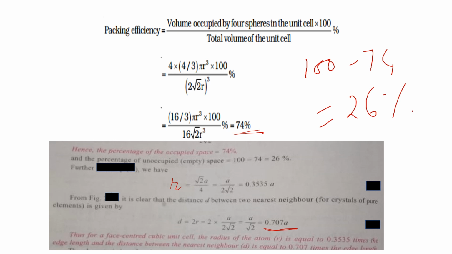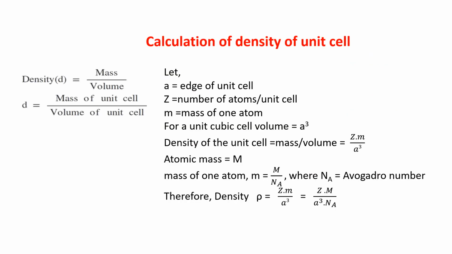Please do the calculation once again on your own. Then, calculation of density of unit cell. How to calculate the density of unit cell? You all know that density is equal to mass by volume, mass of unit cell divided by volume of unit cell.